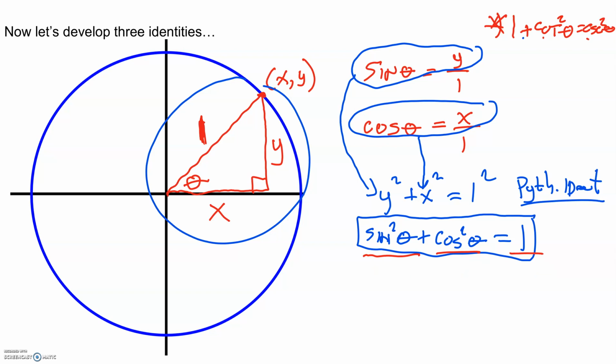Okay. Now, instead of dividing by sine squared, I could also divide by cosine squared. And when I simplify that, well, sine squared over cosine squared is tangent squared. Cosine squared over cosine squared is 1. And 1 over cosine squared is secant squared.